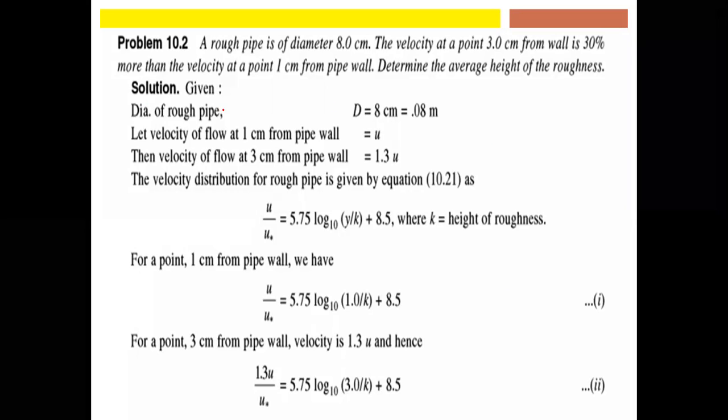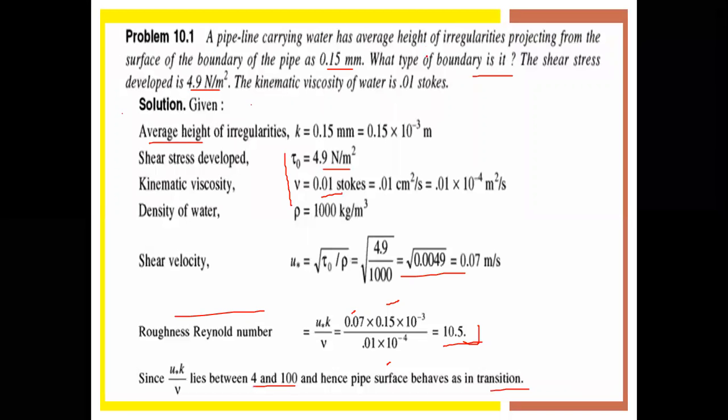Determine the average height of the roughness. So what is the given data? The given data is, so ఇక్కడ ఆల్రెడీ మనకి మెన్షన్ చేశాడు, it is a rough pipe అని. ముందు దానిలో it is not mentioned, but it is asked what is the type of boundary. Okay.